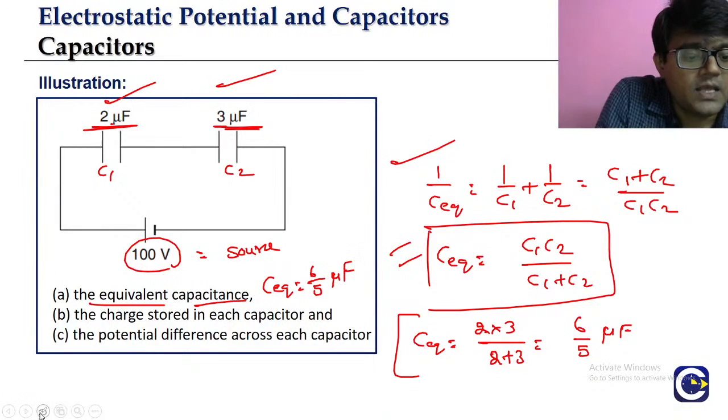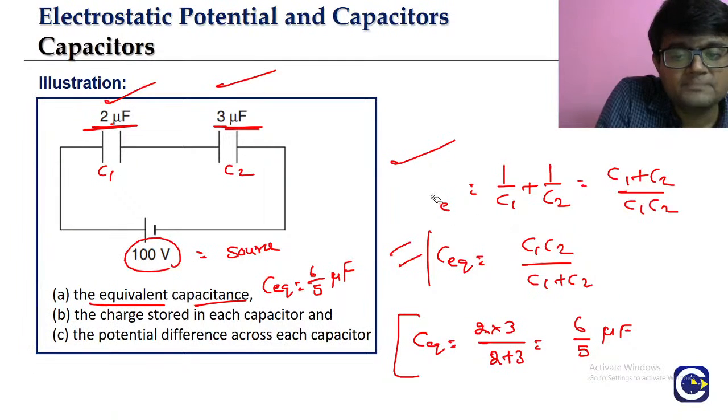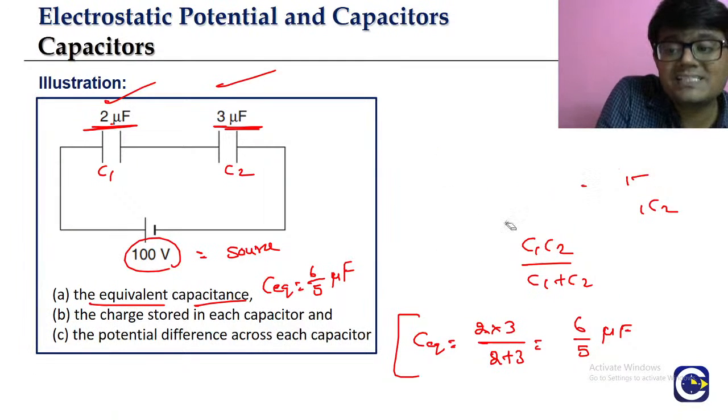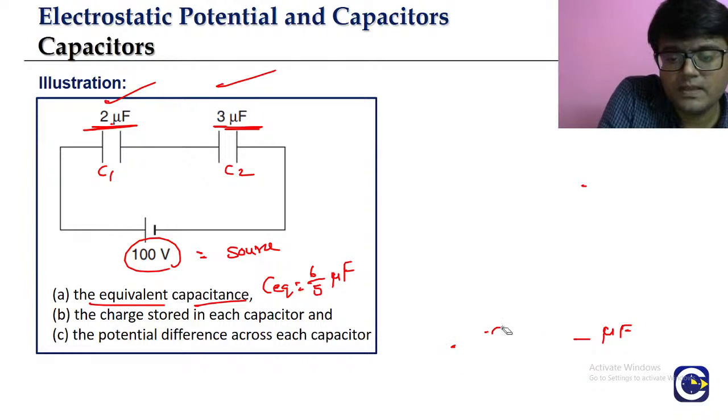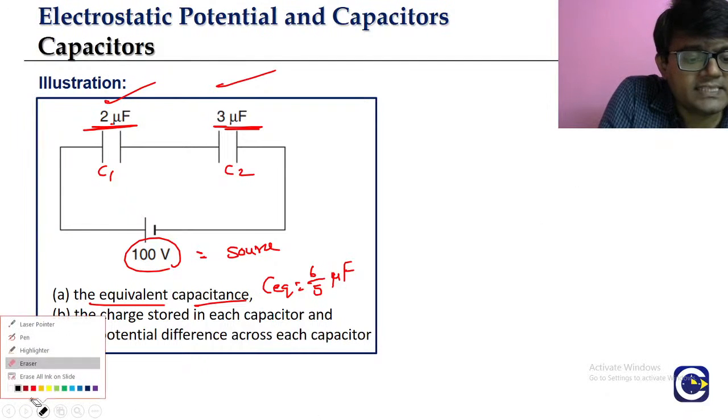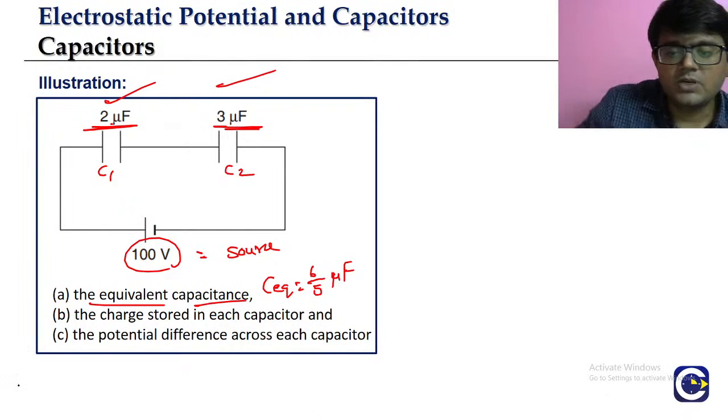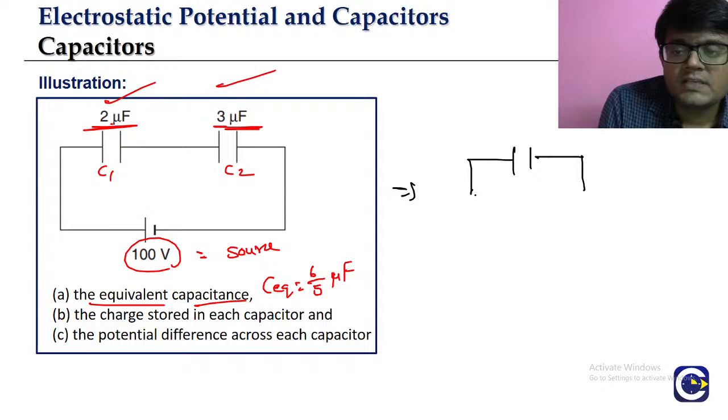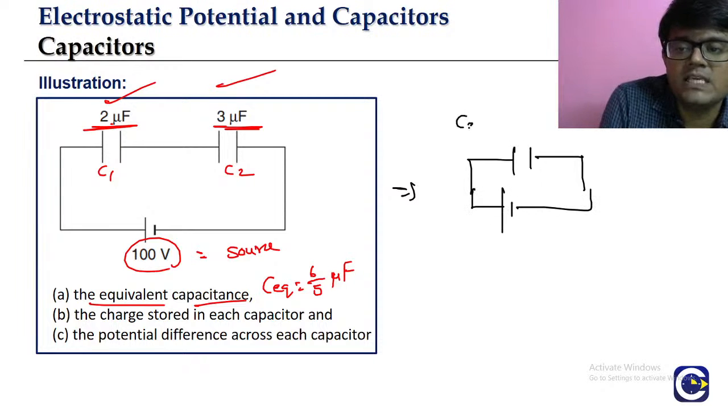Okay, what is the next part? They are asking what is the charge stored in each of these capacitors. Remember what we discussed? Now let's replace these two capacitors by using the C equivalent. What is the C equivalent value? 6 by 5 microfarad.